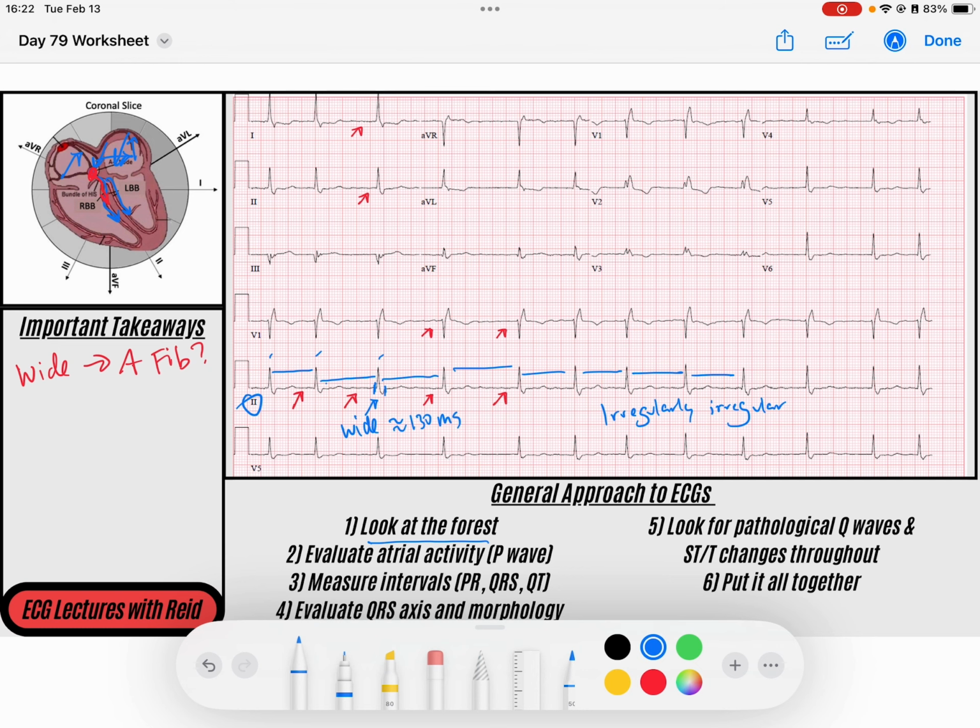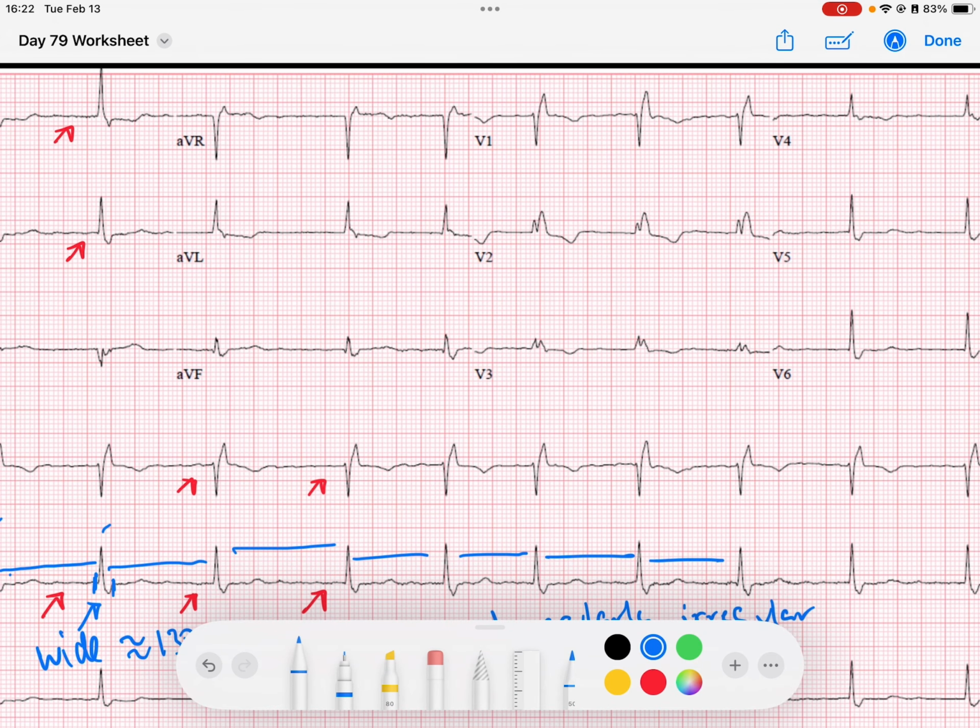And I want to see if it matches any type of aberrancy pattern that we see in a bundle branch block. So I look for a right bundle branch block up here in V1, and look what I get. I get an RSR prime in the V1 leads, and that RSR prime is really characteristic of a right bundle branch block.